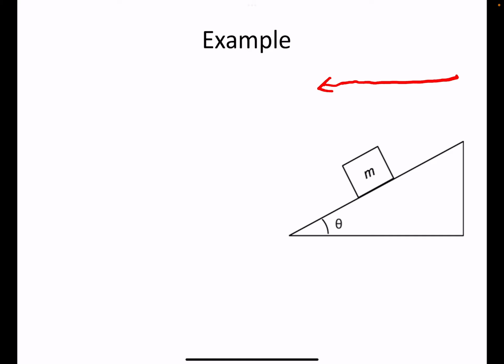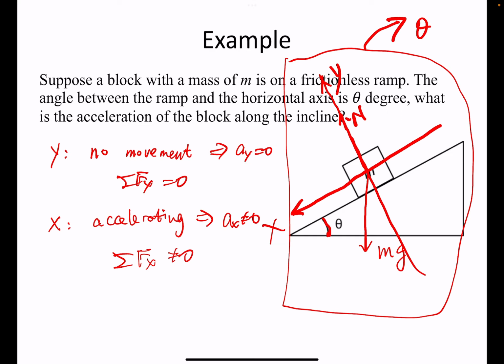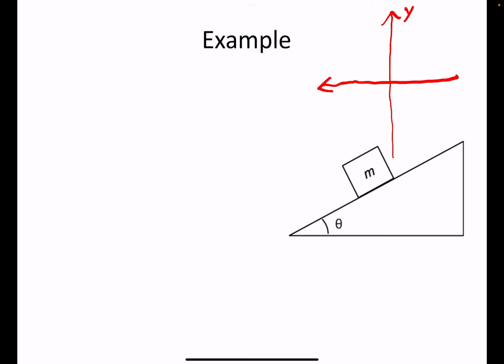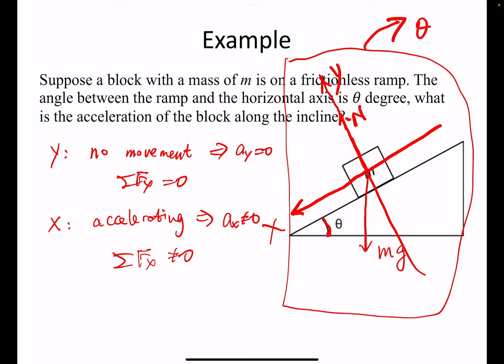After you turn, your x becomes horizontal and your y becomes vertical. What would be the direction of your normal force? Your normal force should still be in the y direction. What is the direction of gravity? Now it should be at this angle.